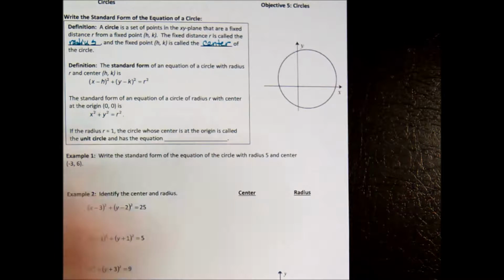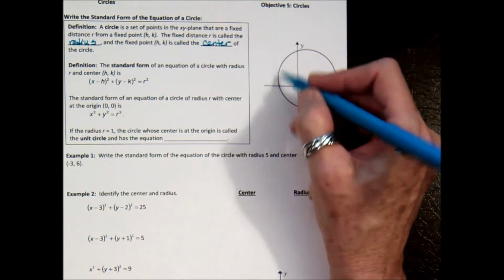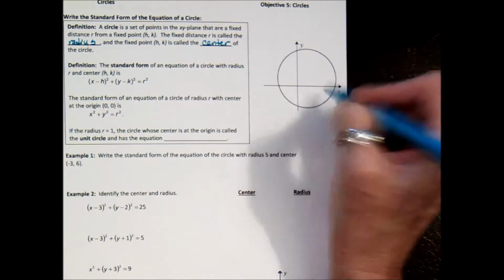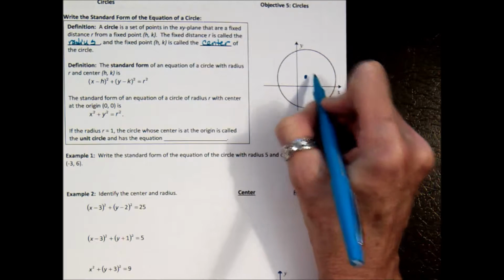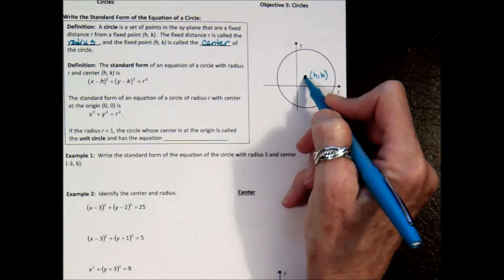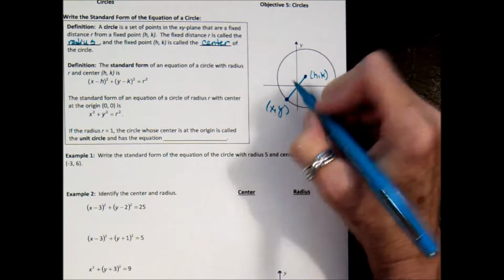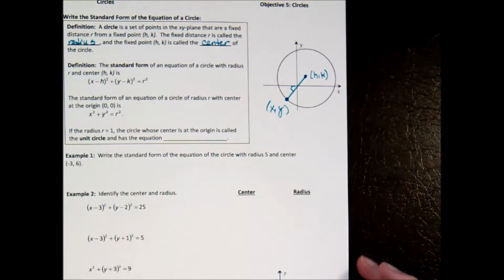of the circle. So if I talk about this circle in the xy plane, if this is the center, that would be the point (h, k), and its distance to another point over here, (x, y), we call r, the radius.